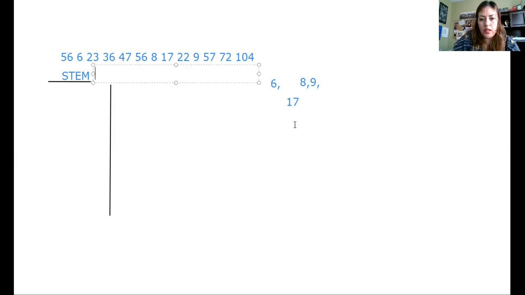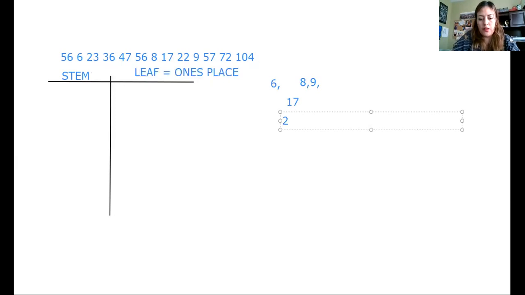And then I have a 22, and that's about it. So I'm going to just put it on the side. A 22, a 23, okay. Then let's go with the 30s. I do have a 36 right here, and I think that's the only one.